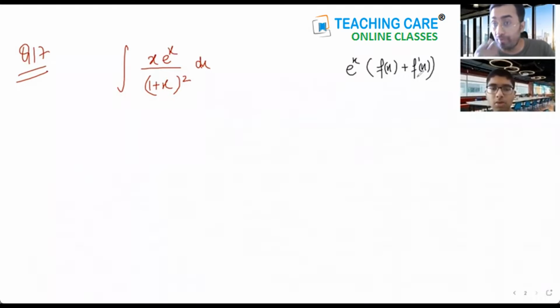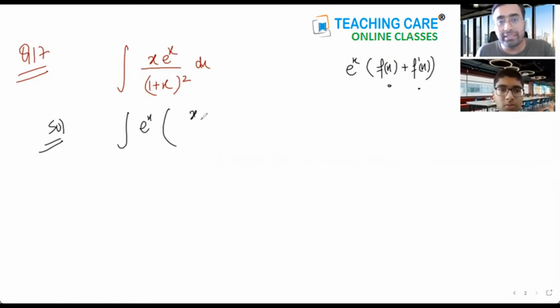The two terms should be there, e^x and then f(x) and f dash x. But what we can observe from this question is that we have a single term, so we have to convert it to a double term.